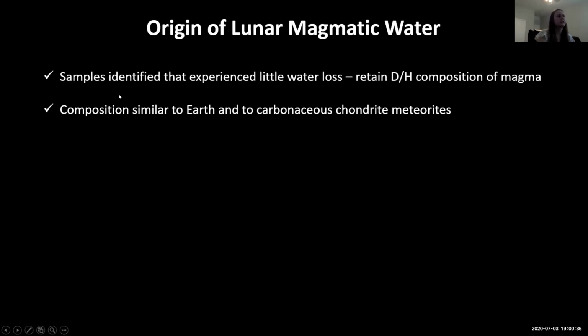More interestingly, that composition is very similar to what we consider for Earth, which is a very narrow range that we find on Earth, and also very similar to the composition of some types of carbonaceous chondrite meteorites, which seems to hint that there's a link between the heritage of water in the Earth-Moon system and maybe some contribution from chondritic meteorites.